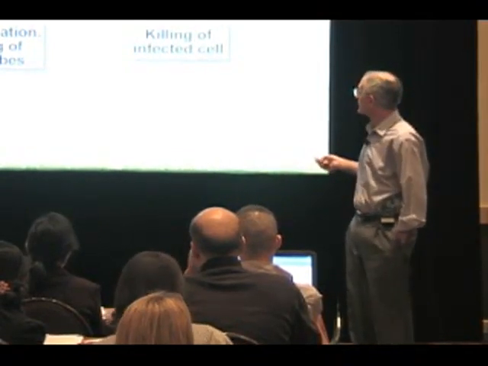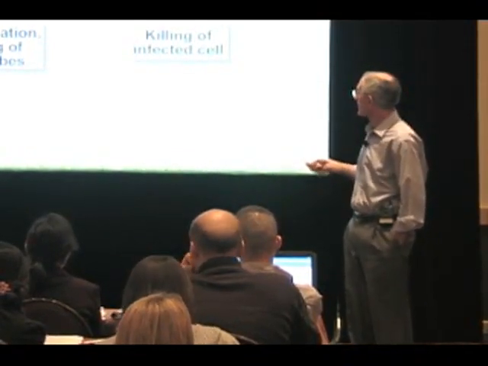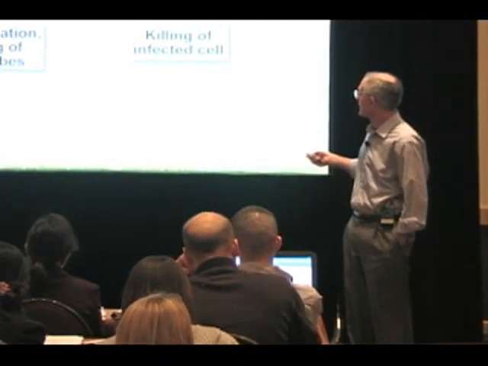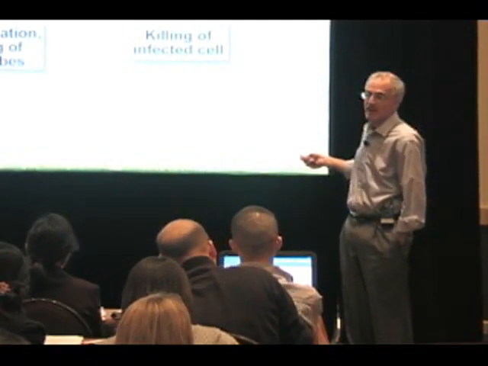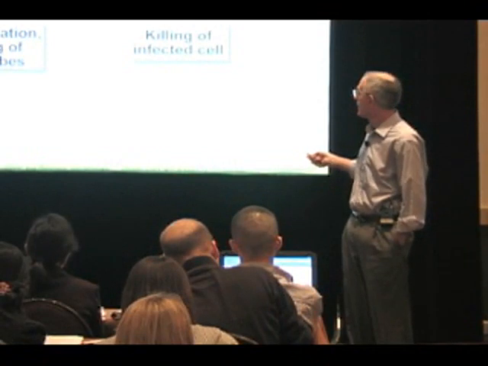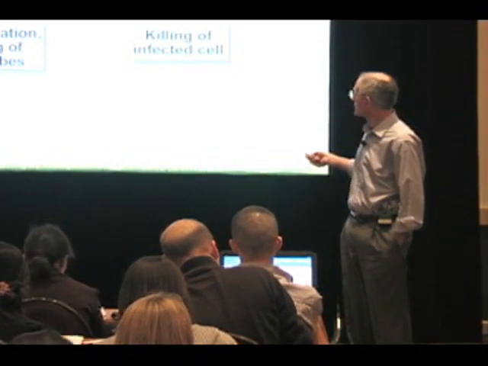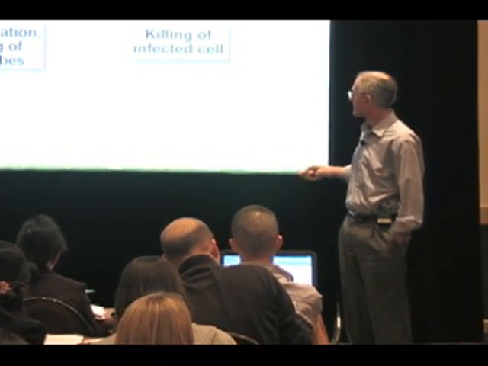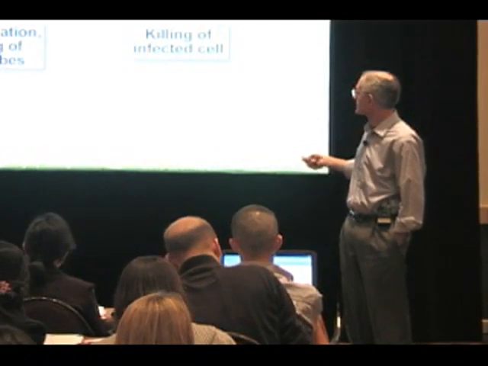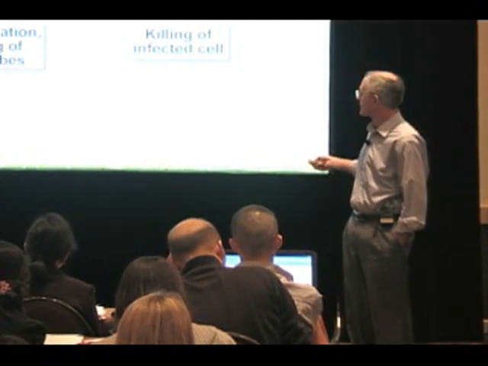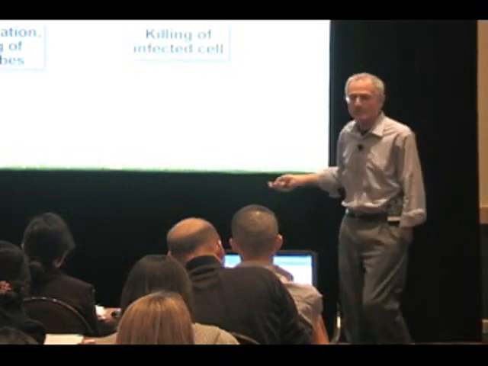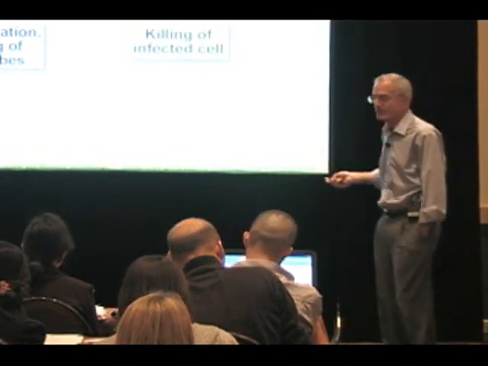In this cartoon, helper T cells, whose subsets I'll define later, are helping a macrophage that happens to be infected with a microbe to do useful things. For instance, activate the macrophage so that it can kill the microbe inside, or produce inflammatory cytokines that can bring more leukocytes to a site of infection.